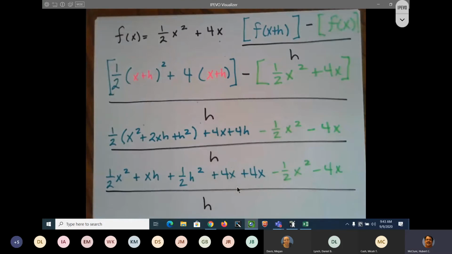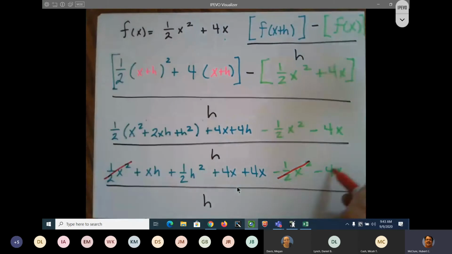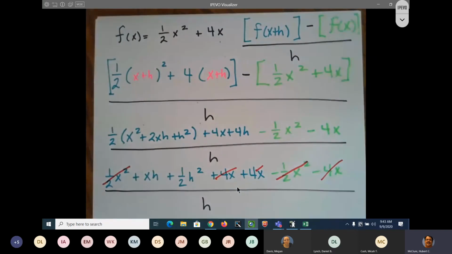Take our handy dandy red pen out. The 1/2 x squared cancels, and the 4x cancels. Oops, it's supposed to be an h right there.